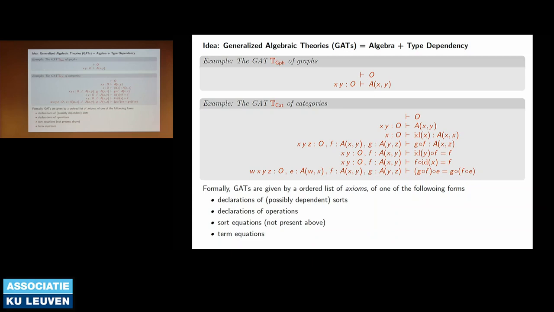Okay, and so in full generality, generalized algebraic theories are always given by ordered lists of axioms that look like that. The axioms always have a context. And then on the right of the turnstile, we have declarations of sorts or operations and term and sort equations.